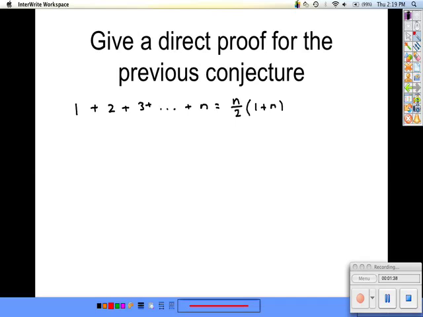One way to prove this is by recognizing that this is an arithmetic sequence. And we know that the sum for an arithmetic sequence is given by that formula.